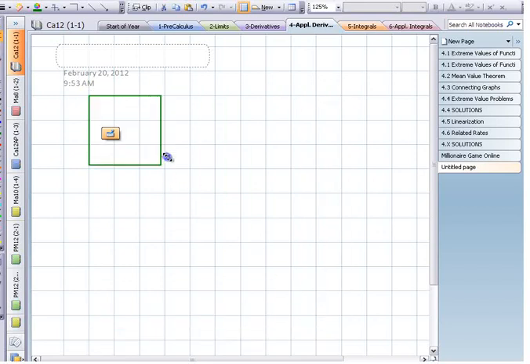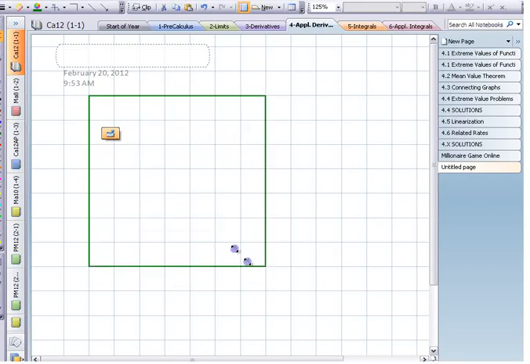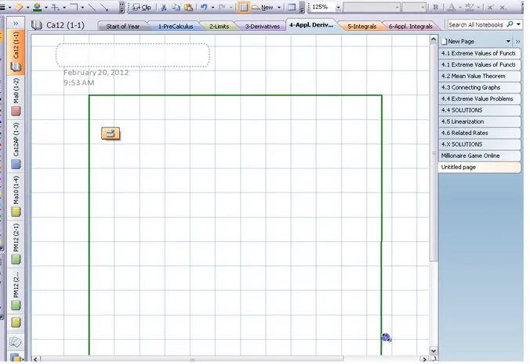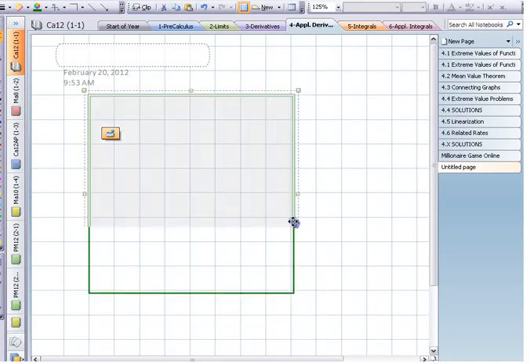So the rate of change of area is related to the actual length of the side, but it's also related to how fast I increase it. At any given moment, if I'm increasing this really slowly, I'm not gaining area very fast. But if I change this fast, I'm gaining area pretty fast. The rate of change of area depends on two things: the actual side length and the rate that I change the side length.